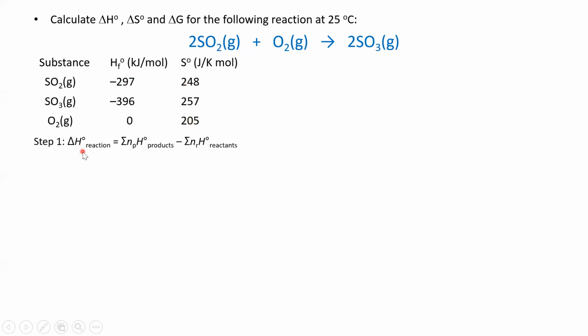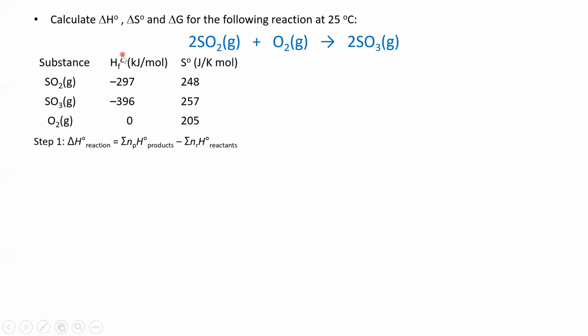If we want to calculate the delta H for the reaction, to find out whether this reaction is endothermic or exothermic, it's pretty much the same equation that we had for entropy. It's the sum of the products minus the sum of the reactants, and we're multiplying them by the coefficients in the balanced equation.